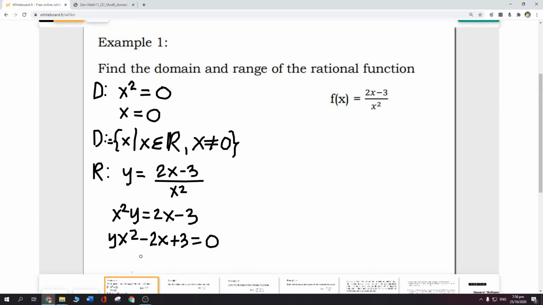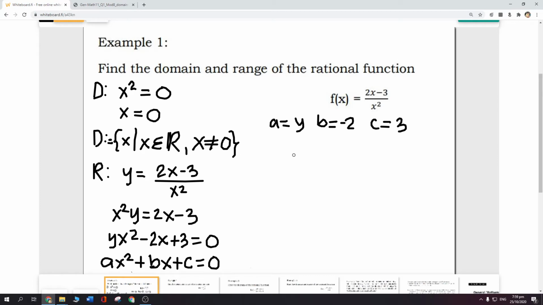And this equation represents a quadratic equation in the form of a x squared plus bx plus c equals 0, wherein our a here is y, our b is negative 2, and our c is 3.